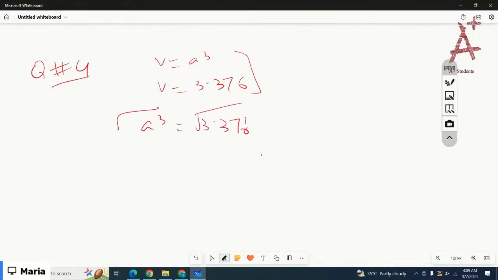Let's just cube root both sides using a calculator. You can also use a calculator, right? A equals, sorry, 1.5. That means that the dimensions are 1.5 times 1.5 times 1.5, right?